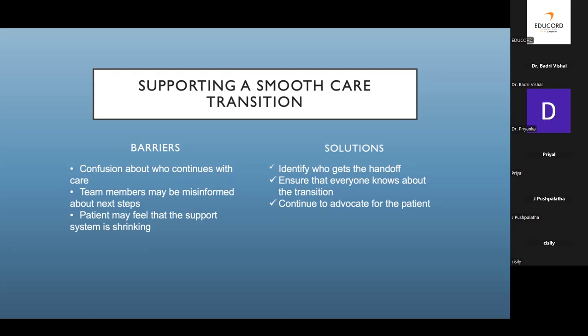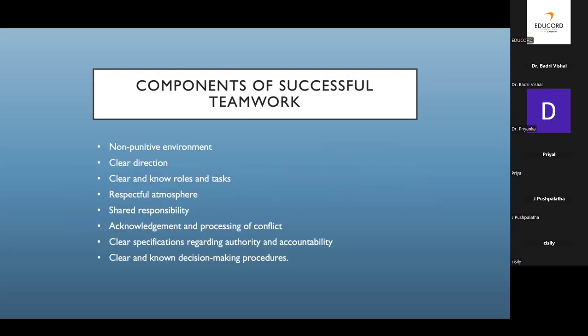Yes, sir. The components of successful teamwork: a non-punitive environment. You do not put puns onto the other, you should not poke anyone. You should have clear direction, clearly known roles and tasks, a clearly defined KRA, roles, tasks and responsibilities.